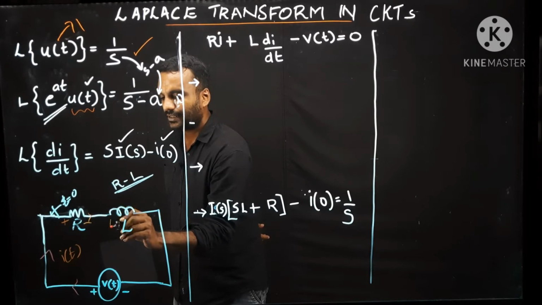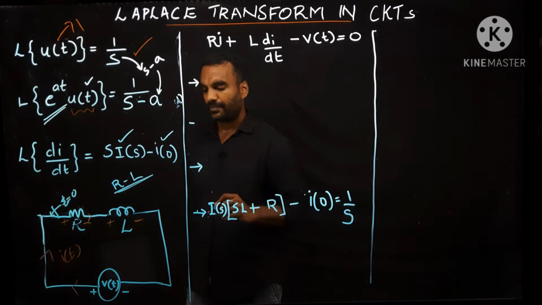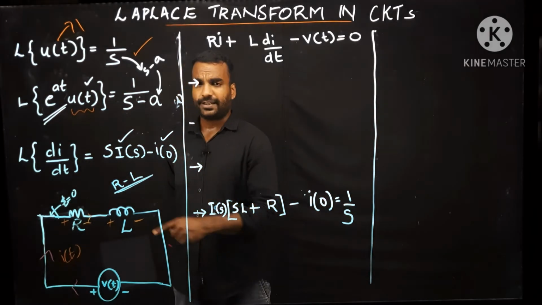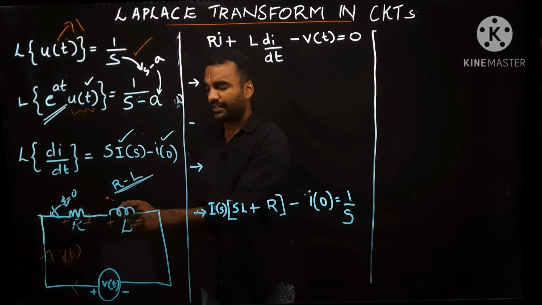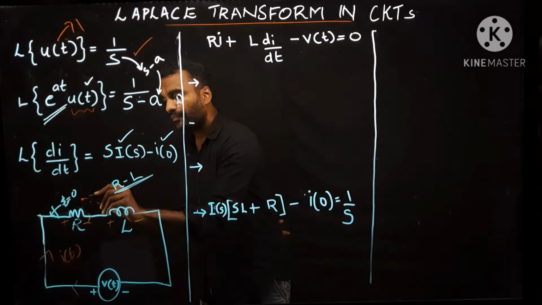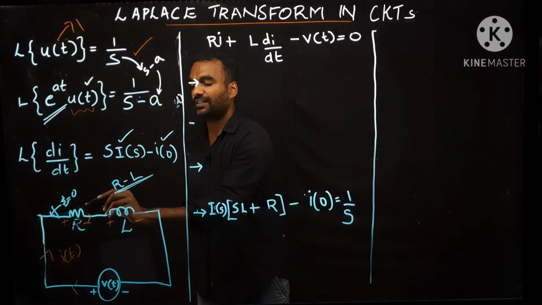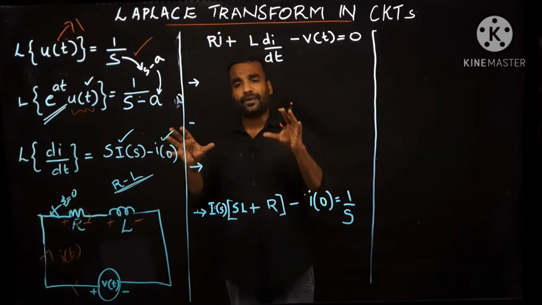Here also entering at this terminal plus, leaving this terminal minus. So voltage is V of t, current is I of t, and a resistor R and an inductor are there. So it is an RL circuit. A voltage will be developed across the resistor and inductor because current is passing through the components.